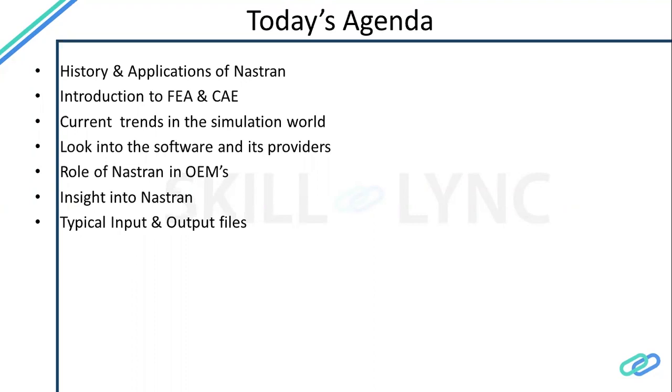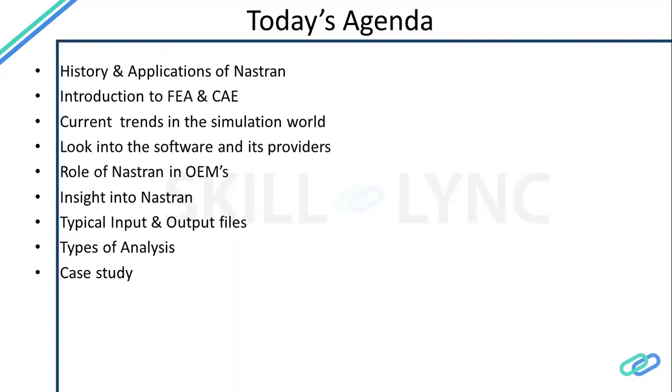And later we'll go into the insight. We'll have an insight into Nastran, what types of elements we use in this, what the program is and how the program looks, what is the input file, what are the output files for the analysis.